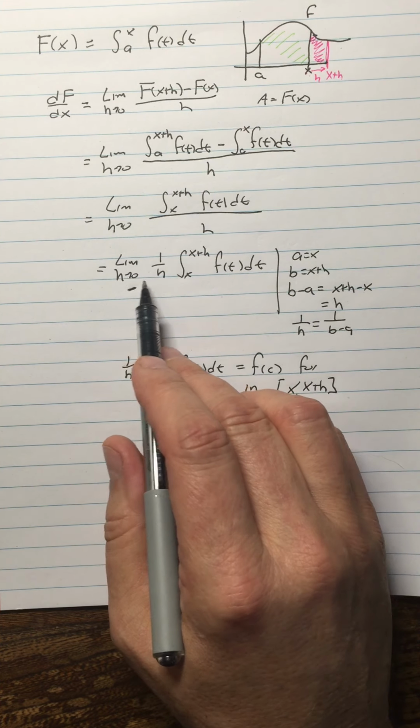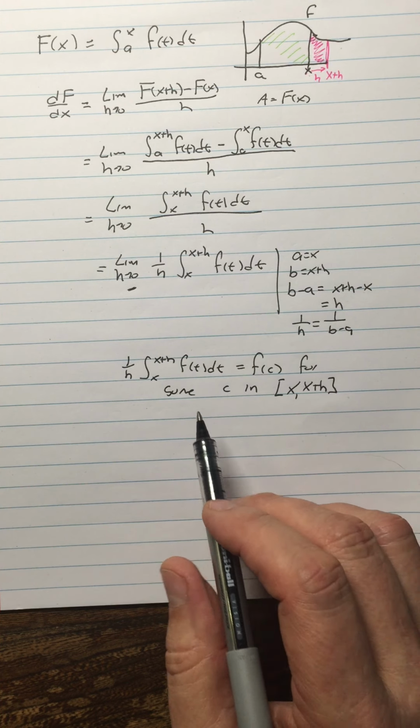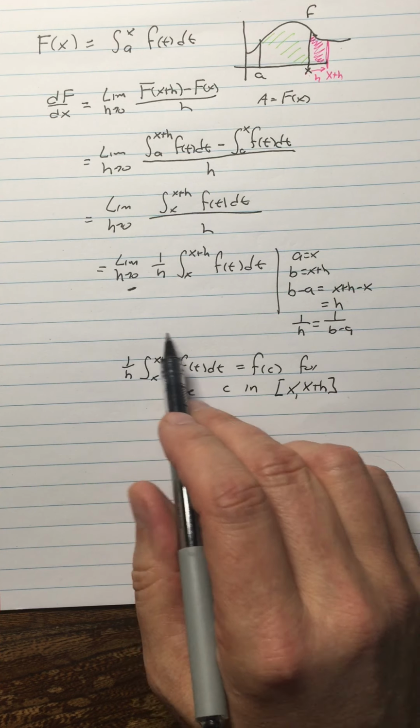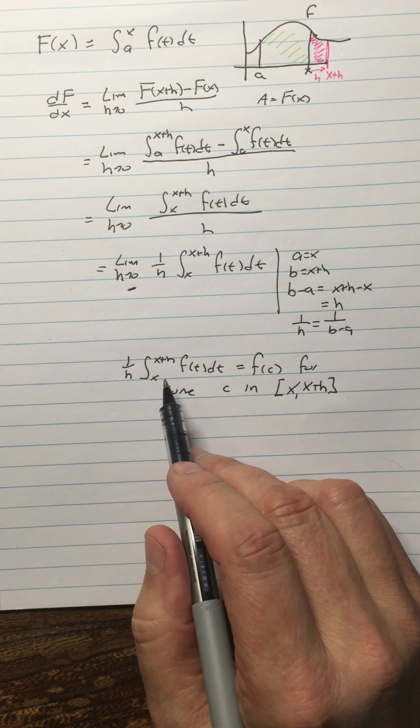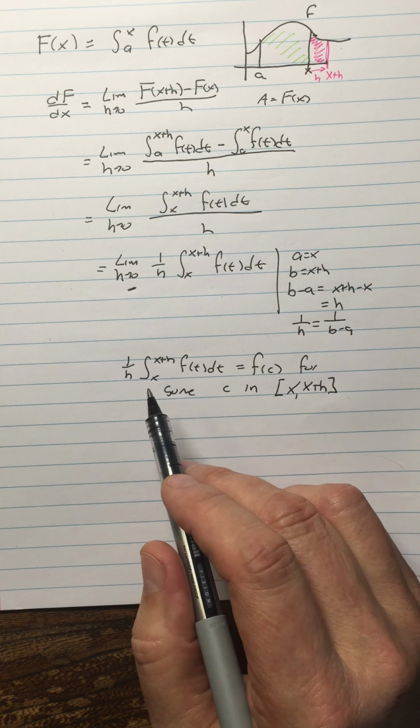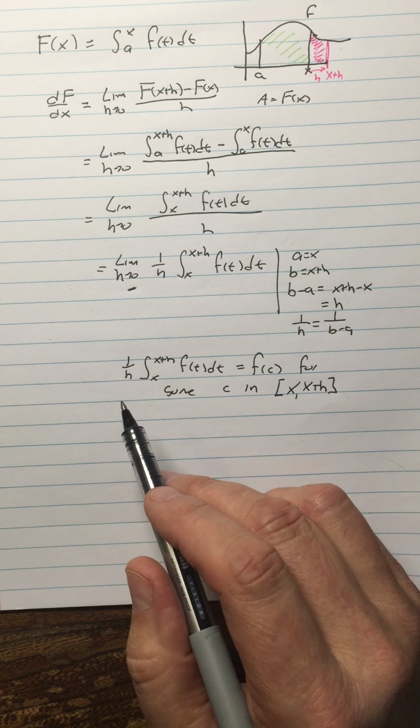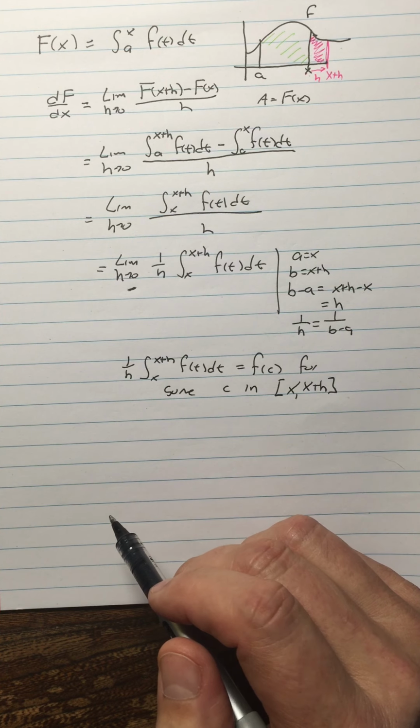I'm taking the limit as h approaches 0 of this function right here. I want the limit as h approaches 0. Maybe I should go to the next step before I talk about how that works. So it works like this.